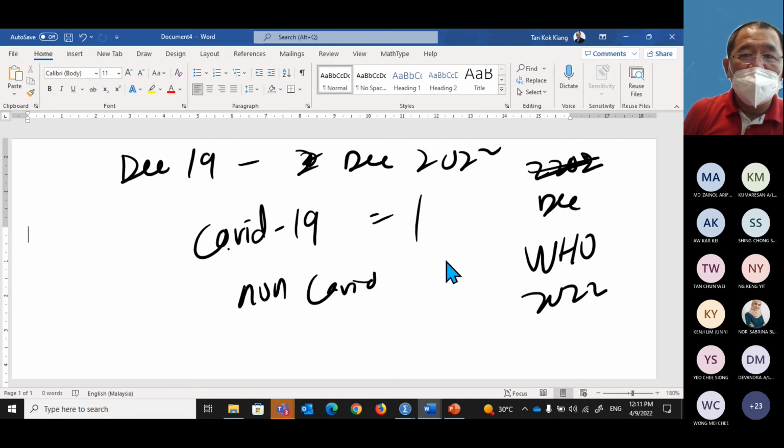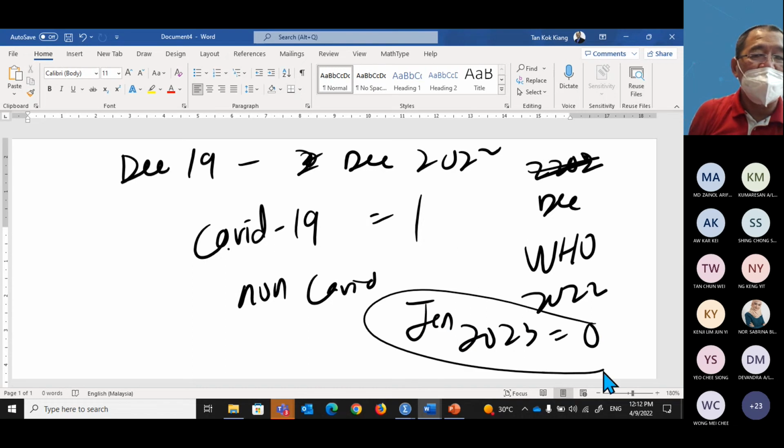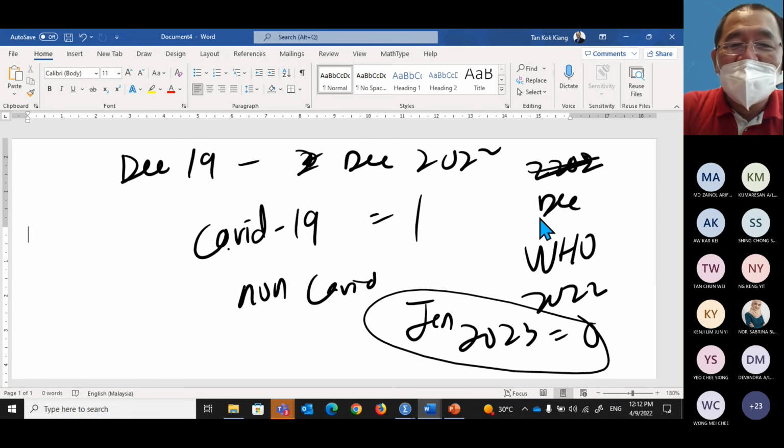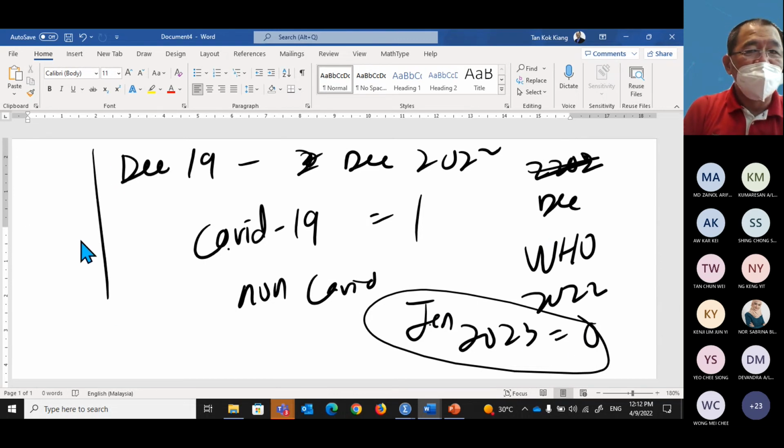But January 2023 will be 0, meaning no more pandemic, not considered a critical illness anymore, for example. Starting January 2023 will be 0, and before the pandemic also 0.